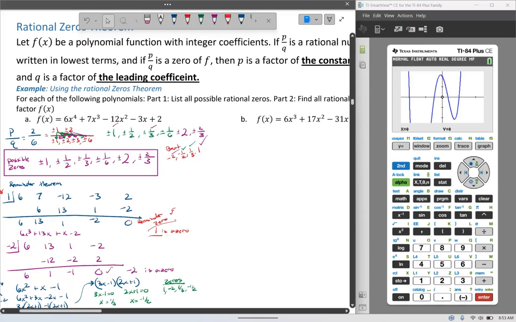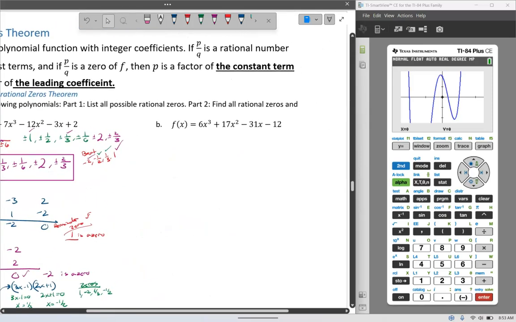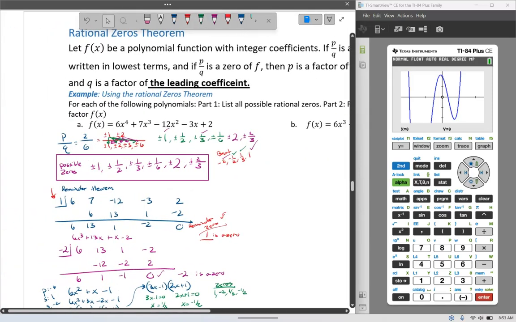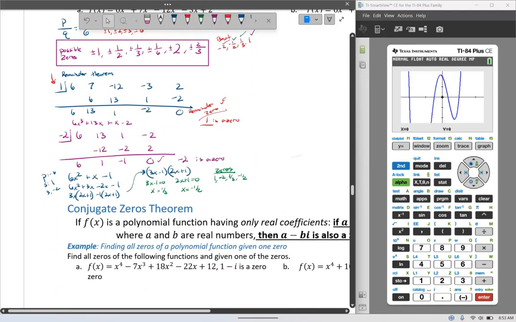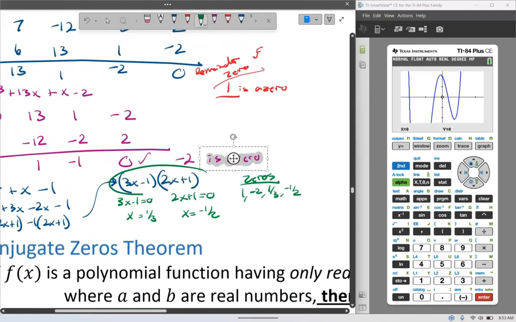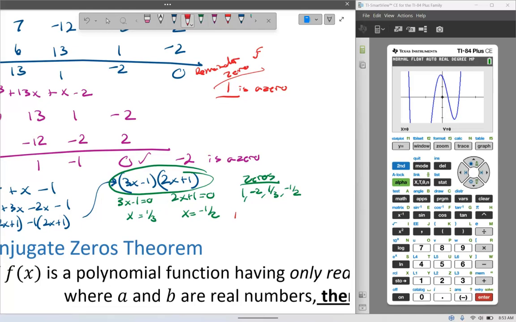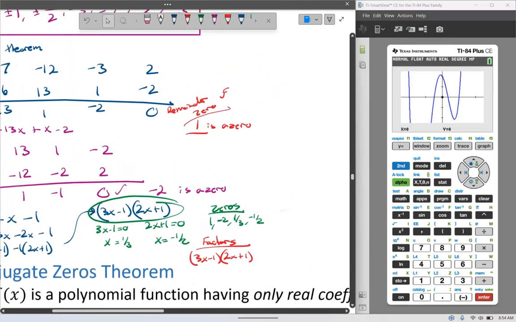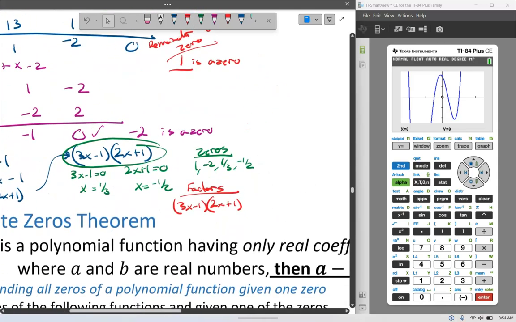Now the problem also says to factor, so find all rational zeros, which we did, and then factor f of x. Well, we already partially have our factors here. We've got the last two from when we had the quadratic. So we've got 3x minus 1, and we've got 2x plus 1. So again, if we want the factors, if we know that 1 is a 0, we know that x minus k is going to be a factor.